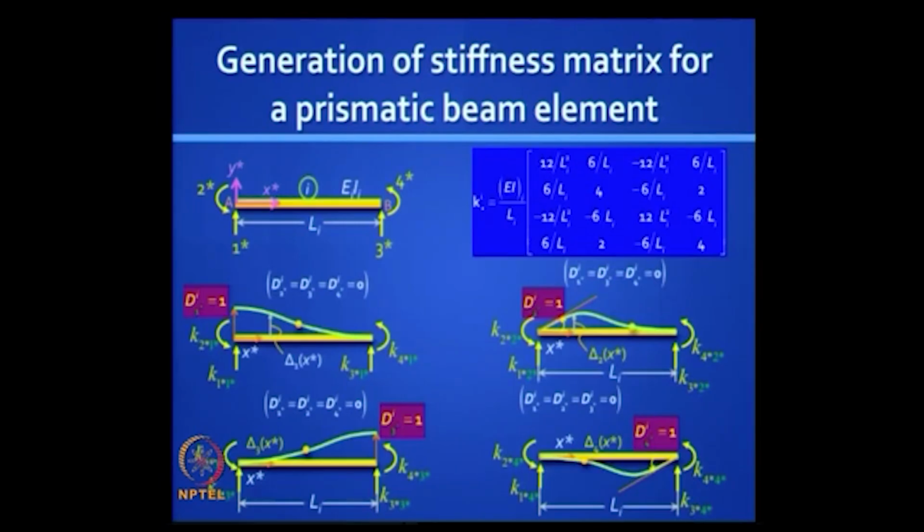So we are familiar with this, and we learned to generate the stiffness matrix using different alternative approaches, including the conventional displacement approach where you assume a displacement function using geometry, and then you work with that and generate the stiffness matrix.